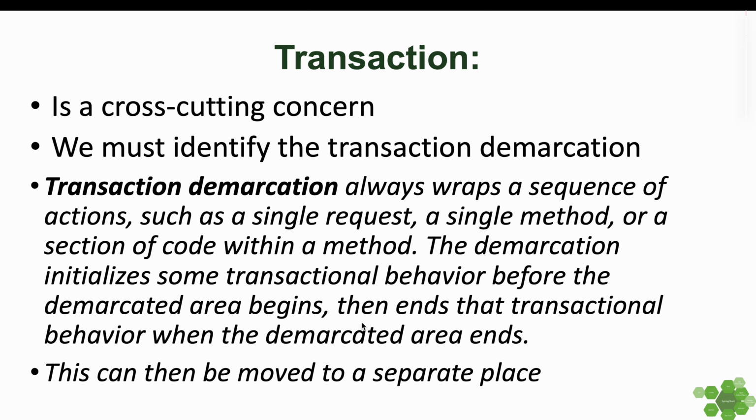As to how it gets created, I have explained that in my series on AOP. So the demarcation will be responsible for initializing a transactional behavior before the demarcated area begins, and then it will also be responsible for ending that transaction when the demarcated area ends.